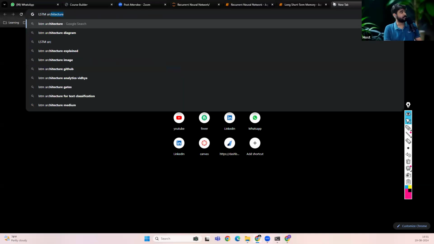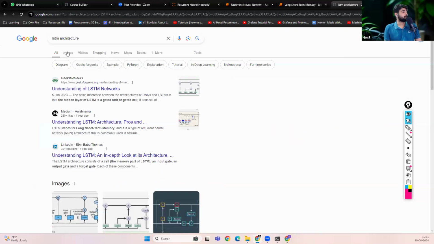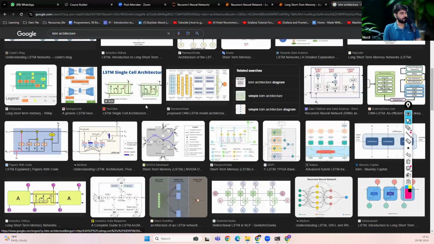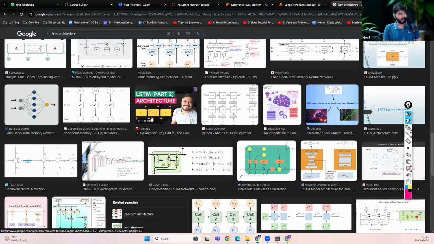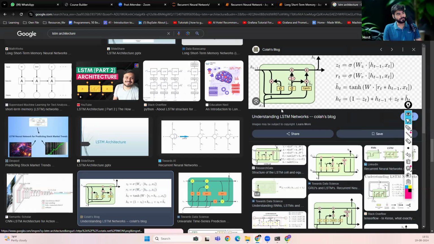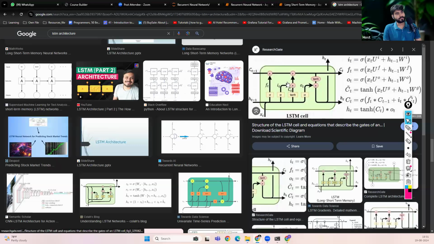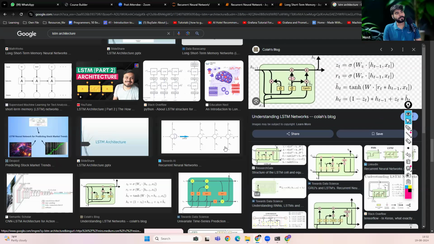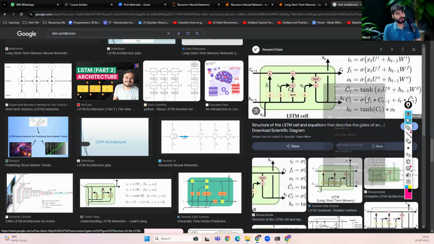LSTM architecture. Let me open this one.